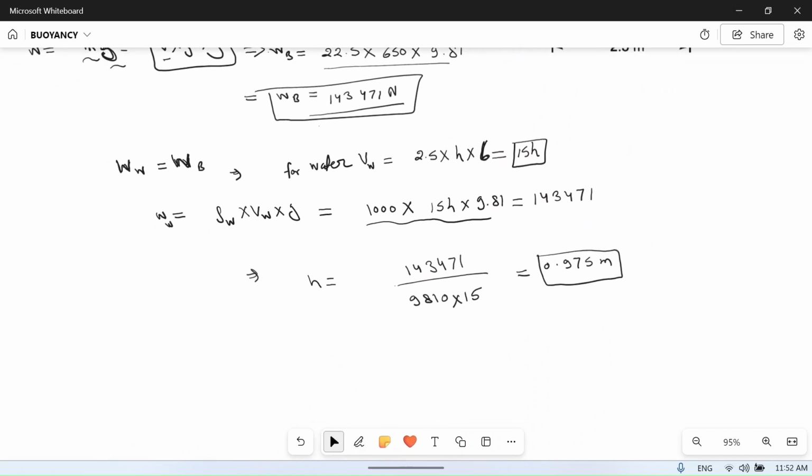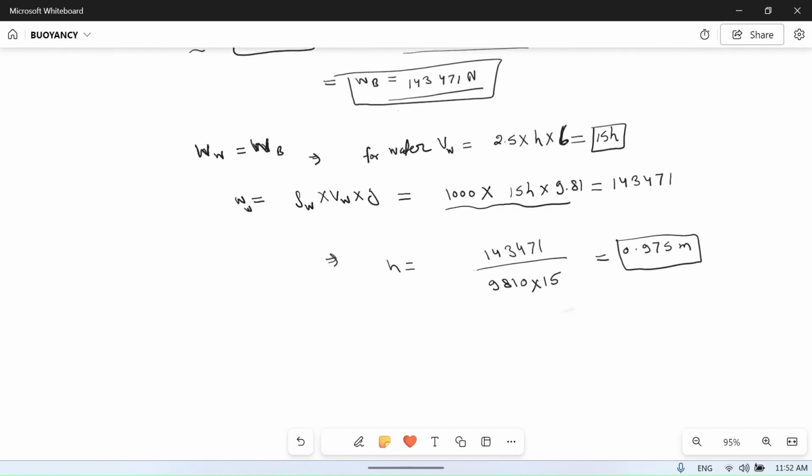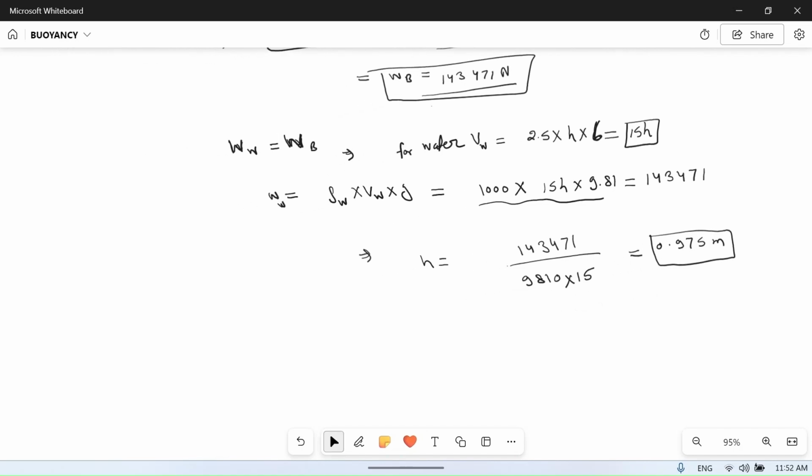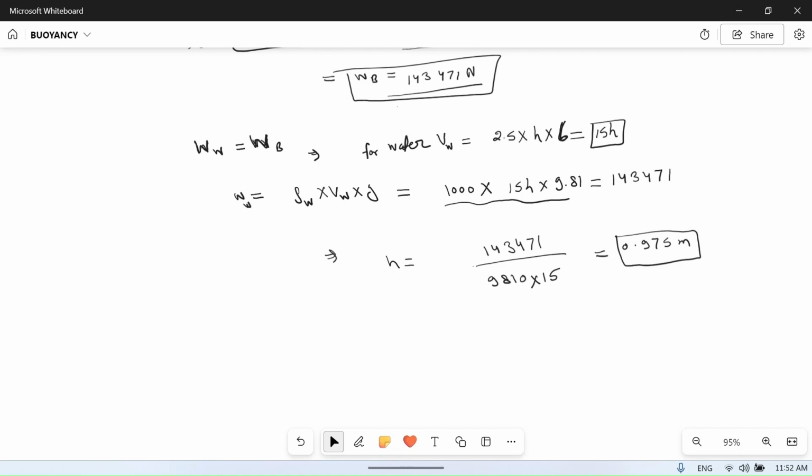Now what is the volume of water? Volume of water we had calculated as 15h, so it will become 15 into h, which is 0.975, so it will be equal to 14.625 meter cube.